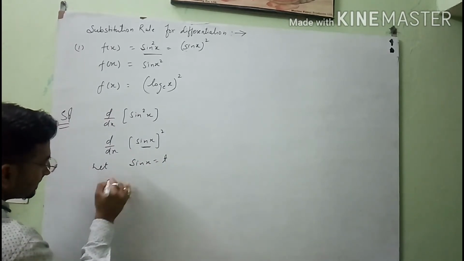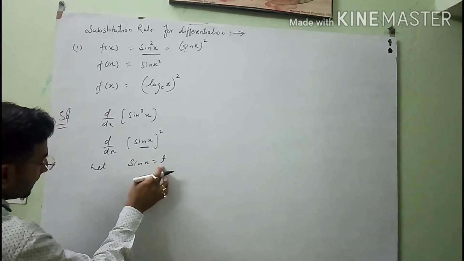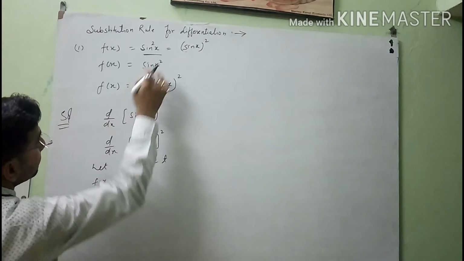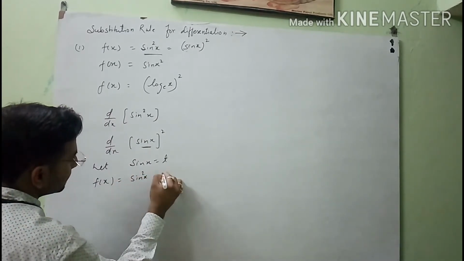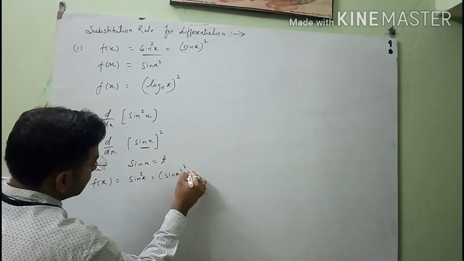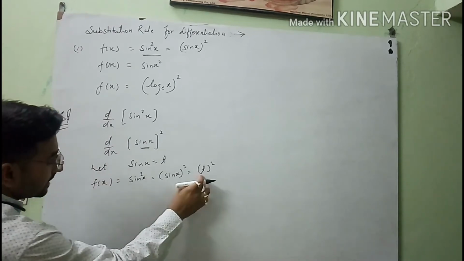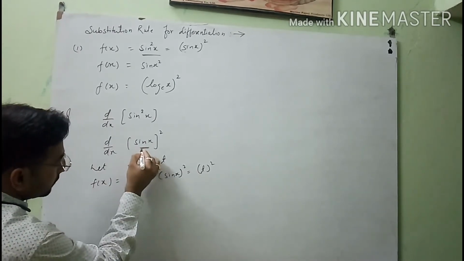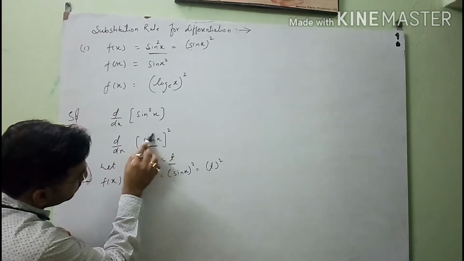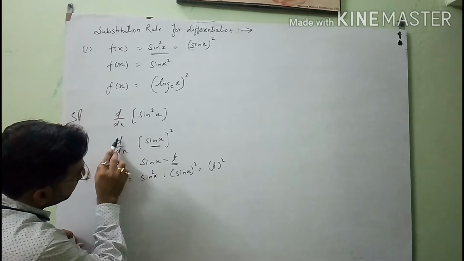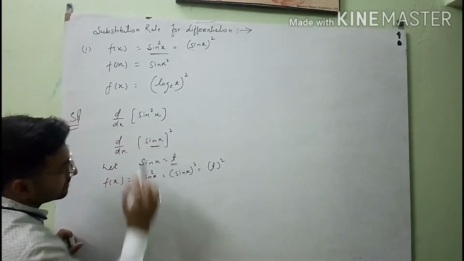Then your function f(x) equals sin square x, or you can say sin x square, turns into t square. Point is clear? If you consider sin x equals t, then in place of sin x you will substitute the value of t. Then you will differentiate the function t square first.